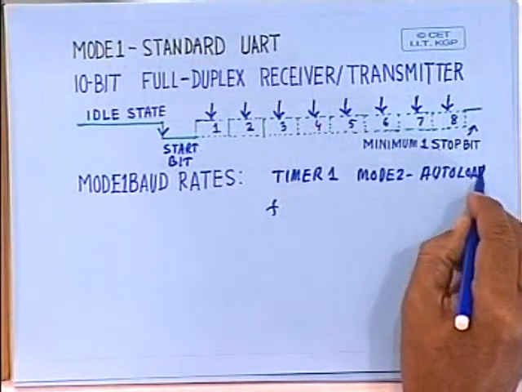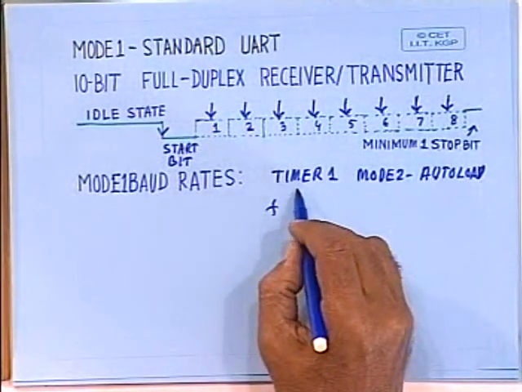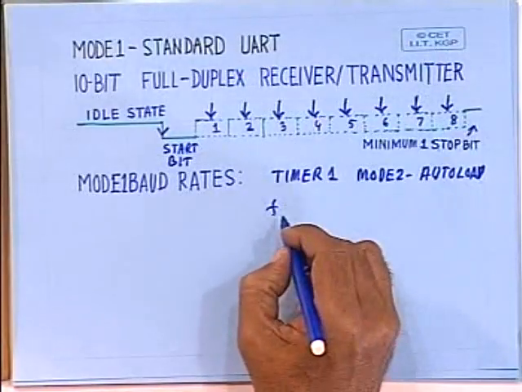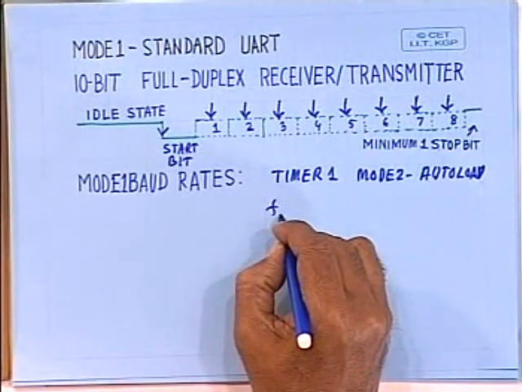In auto load mode, mode 2 is used, timer 1, for generating the baud rate, and as a result you can generate a wide range of baud rates with the help of this particular mode, with the help of this timer 1. And the baud rate can be calculated in this manner.